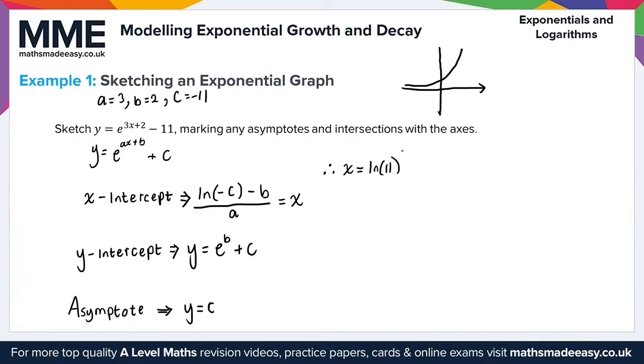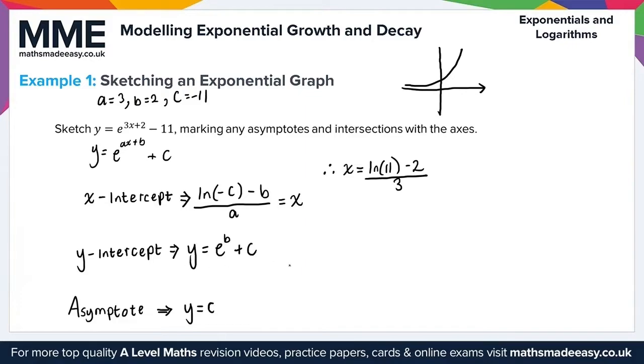We now minus b, where b is 2, so that's minus 2, and this is all over a, which is just 3, so that gives us our x-intercept. For now, we'll keep everything in exact form. However, when we come to sketch this, clearly we will need a rough point.